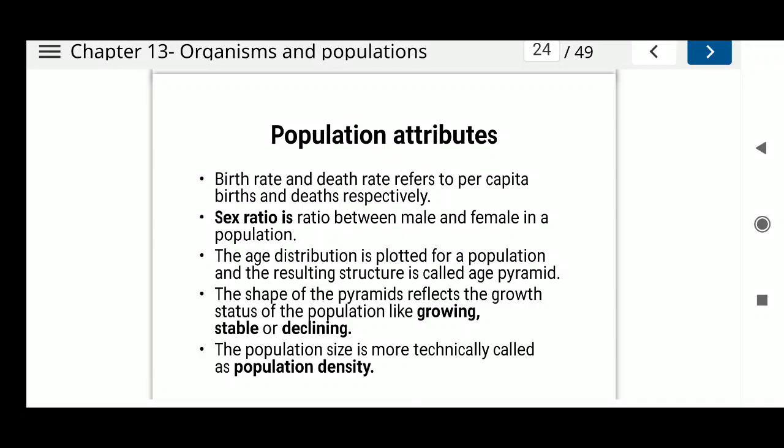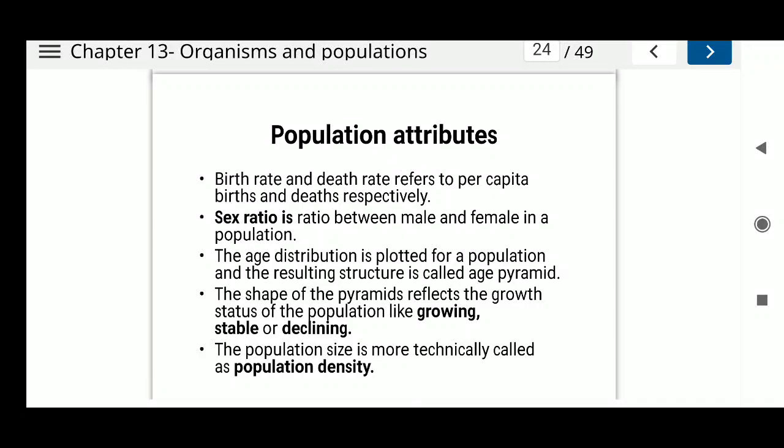Now second is death rate. Again, we also call birth rate natality, and death rate we call it mortality.